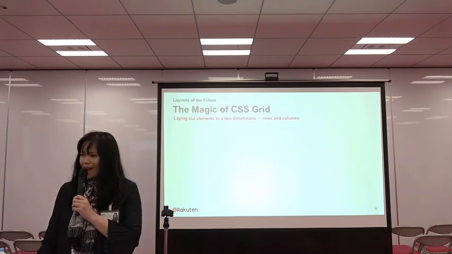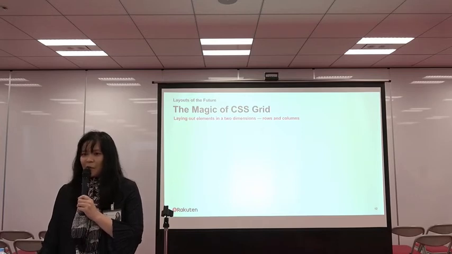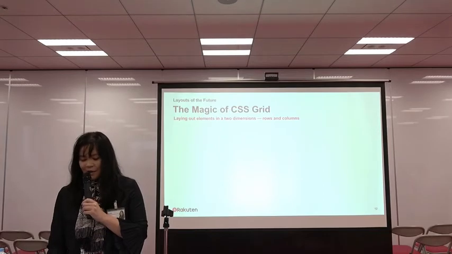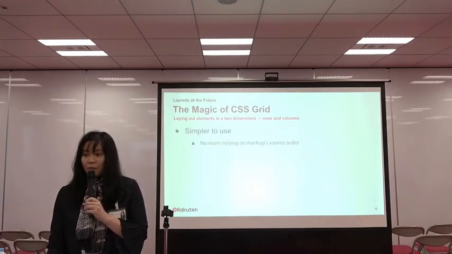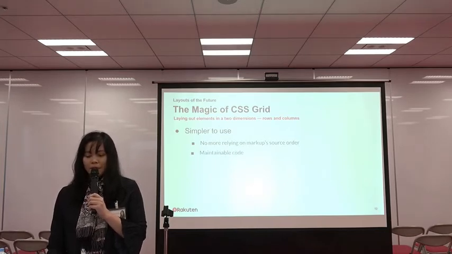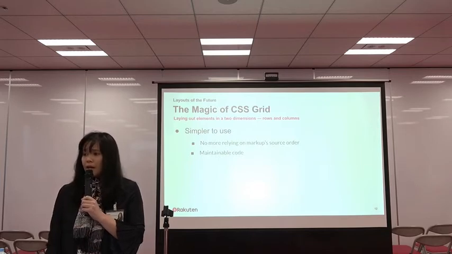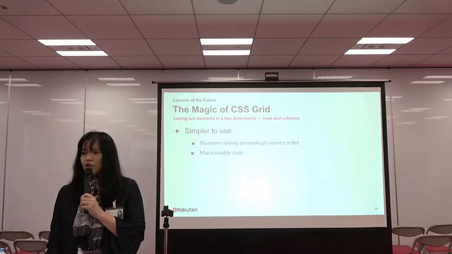So why exactly would you want to use CSS grid over Flexbox, floats, or inline blocks? Well, one reason is it's very simple to use. And your layout is no longer so reliant on your HTML code, leading to much more maintainable code. So let us compare the HTML syntax for a float-based layout to one for CSS grid layout.